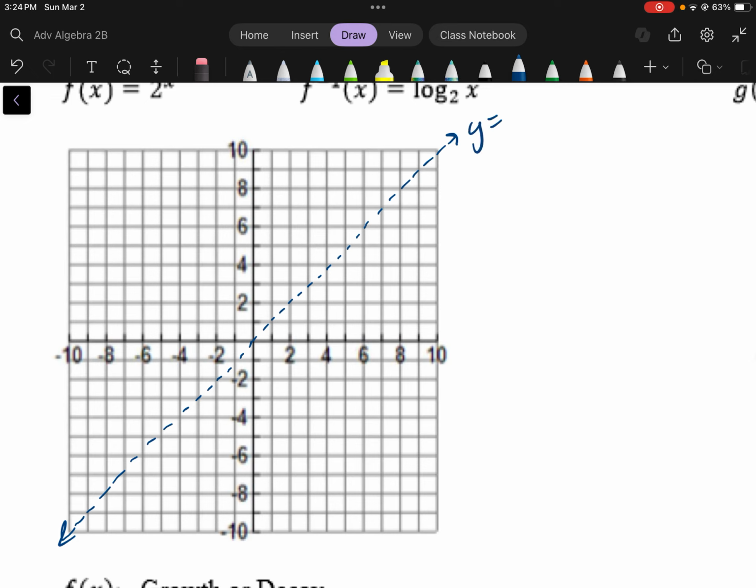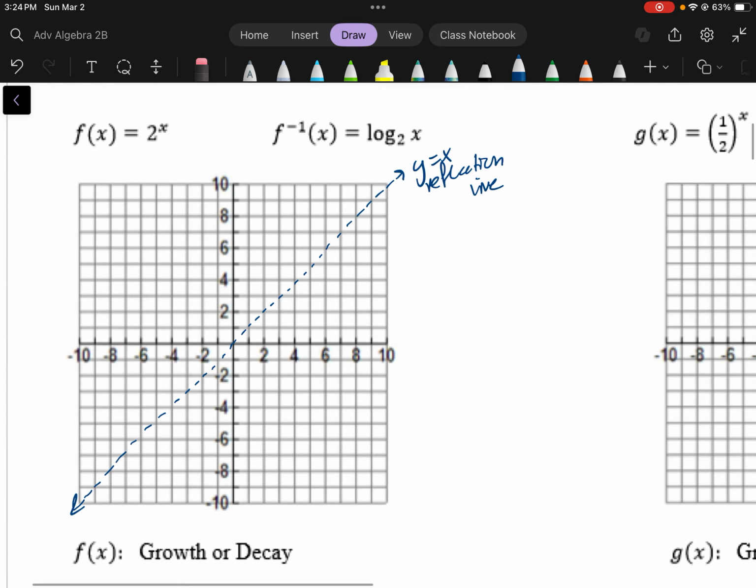Okay, so this is our y equals x. That would be our reflection line. We're just going to look at this quickly, relating back to our exponential graph, where we know if we plug in 0, anything to the 0 is 1. And if we plug in 1, 2 to the first is 2. Then this would be 4, and that would be 8.